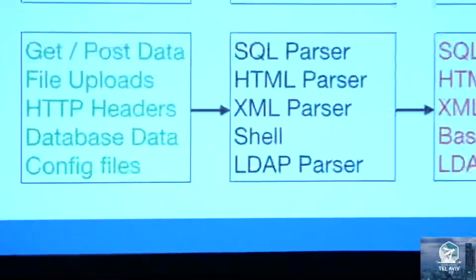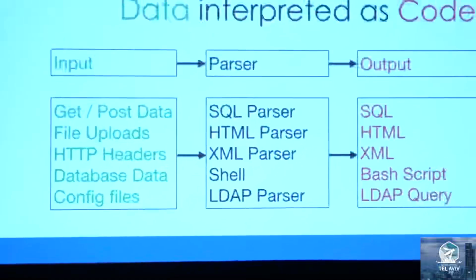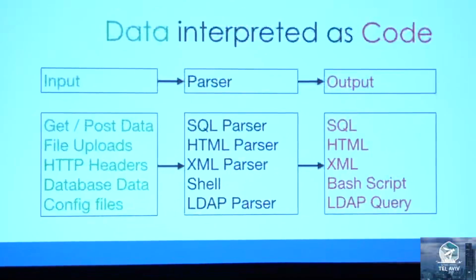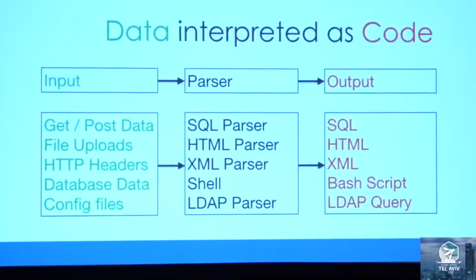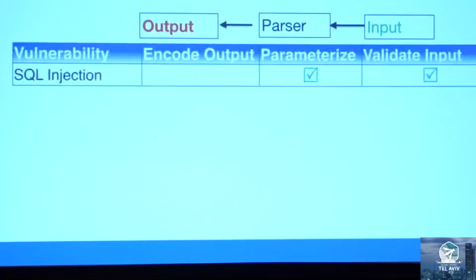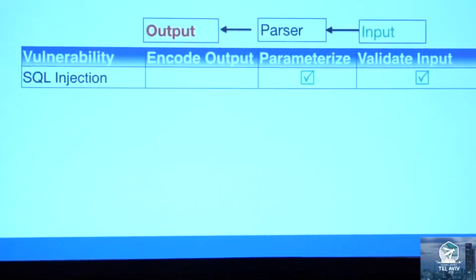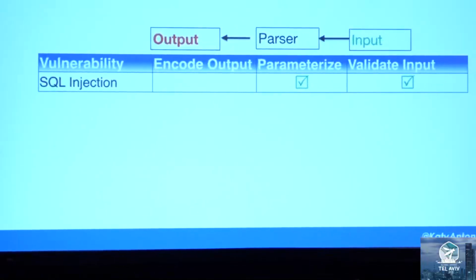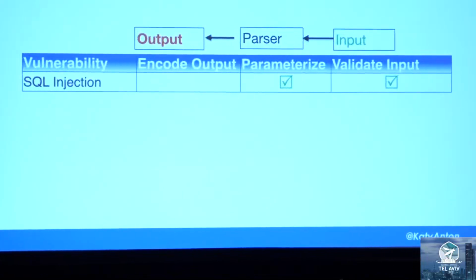So I will take this view and flip it to focus on the red bit, the output, which ends up being executed as code. In the case of SQL injection, this occurs when you have input which is combined with the SQL query. That is sent to the parser, and that's when it ends up being executed as an SQL command.